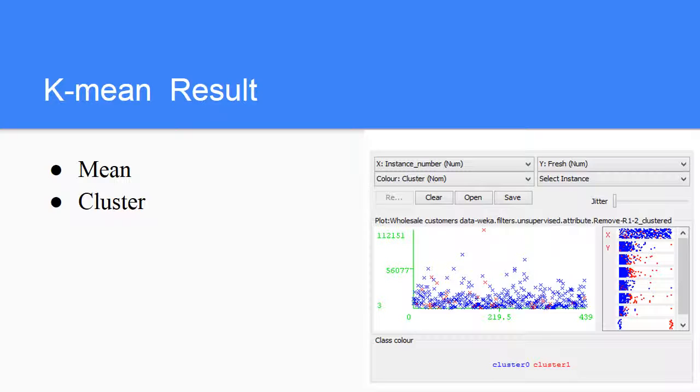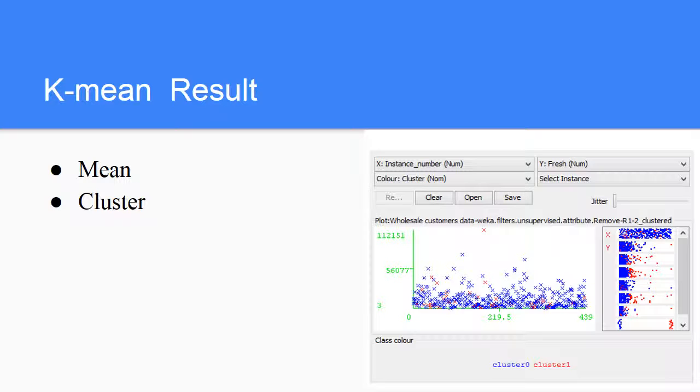The picture shows the calculation process for K-means. You can see the data is divided into two clusters, 0 and 1, and this part is the K-means result.